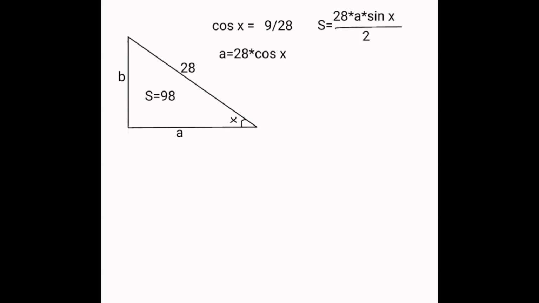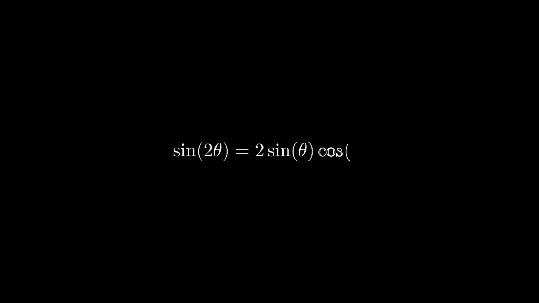Applying this to the formula of the area of the triangle, we get that the area of the triangle equals 14 times 14 times 2 times cosine x times sine x, which leads us to the equation that the area of the triangle, which equals 98, divided by 14 times 14 would be equal to 2 multiplied by cosine x multiplied by sine x, which is actually the formula of the sine of the double angle.